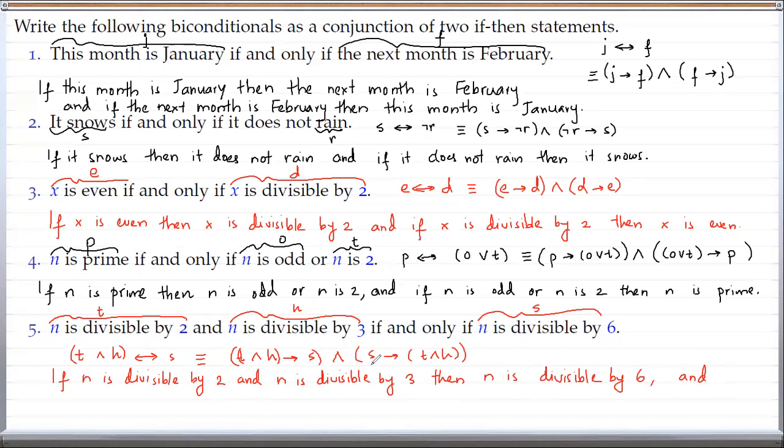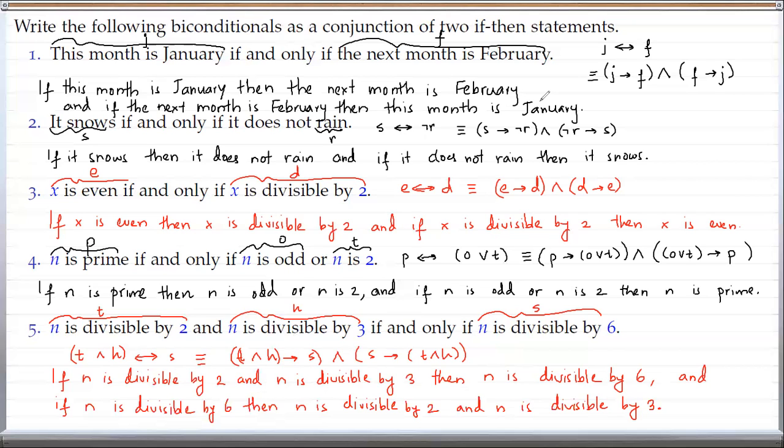And the other direction, if S, then T and H: if n is divisible by 6, then n is divisible by 2 and n is divisible by 3. We are done with these examples.